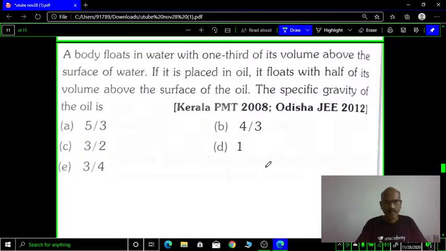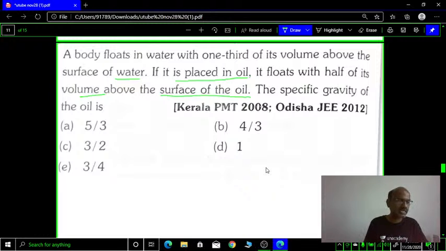A body floats in water with 1/3 of its volume above the surface of water. If it is placed in oil, it floats with half of its volume above the surface of the oil. Then the specific gravity of the oil is?